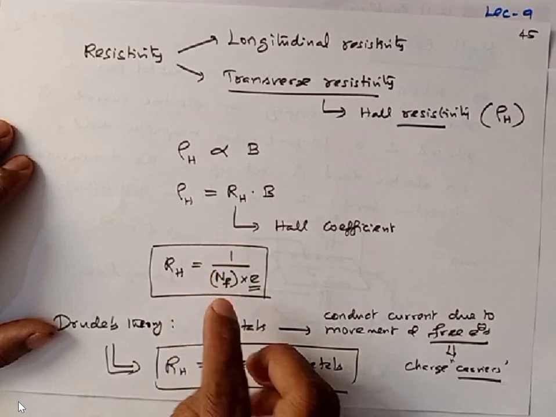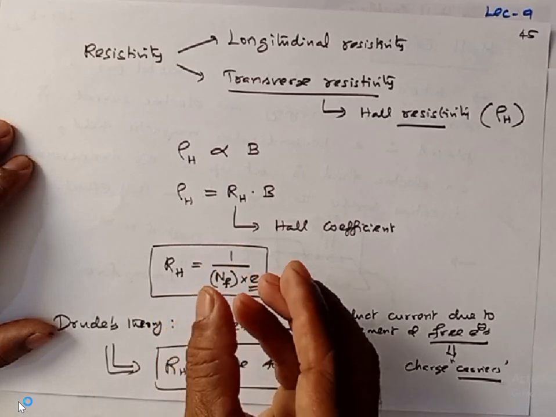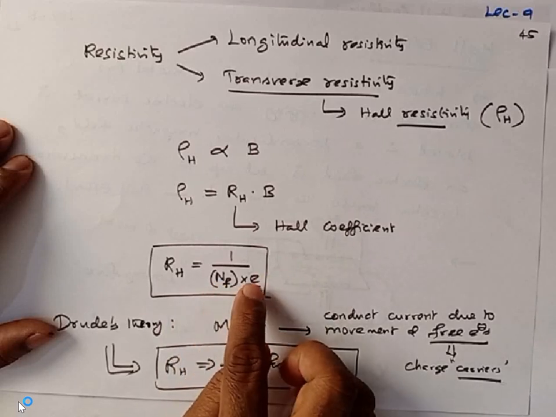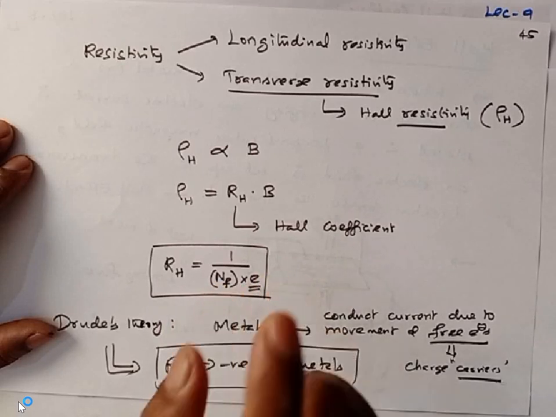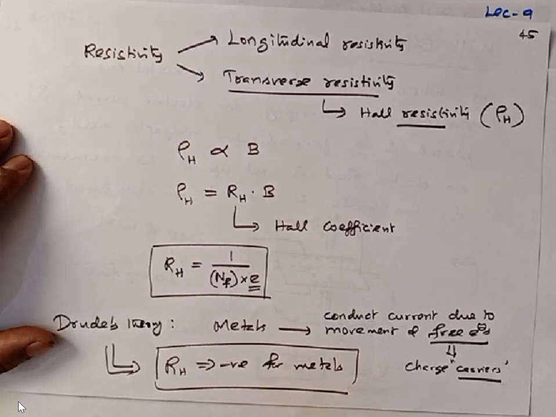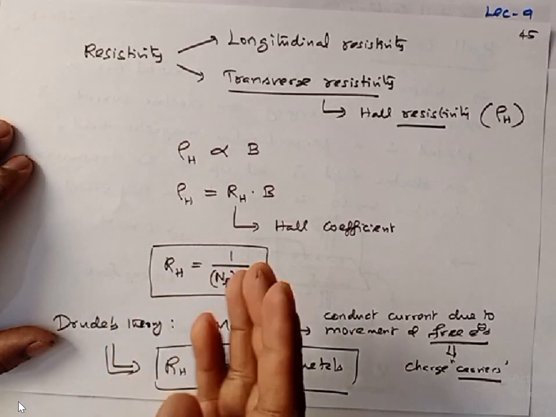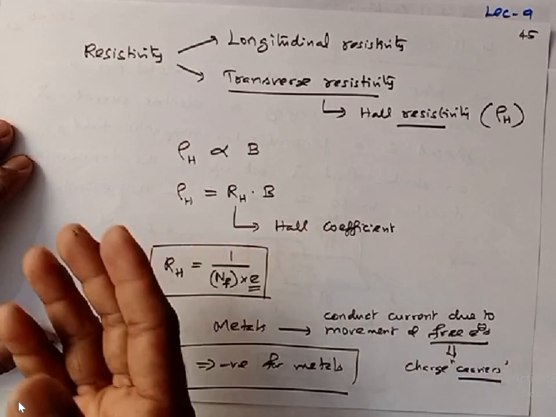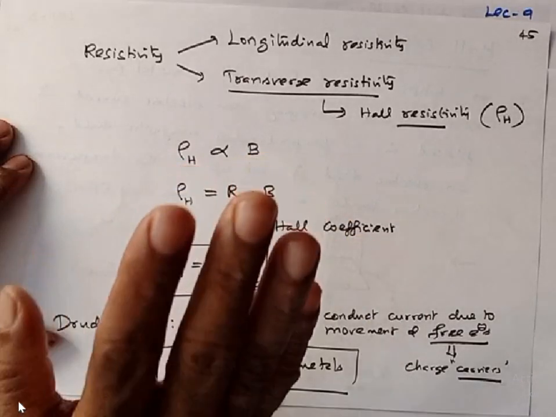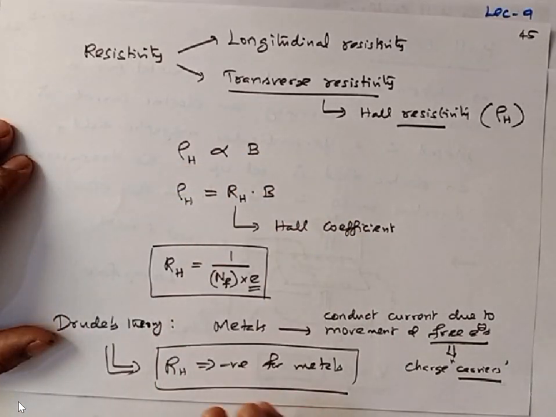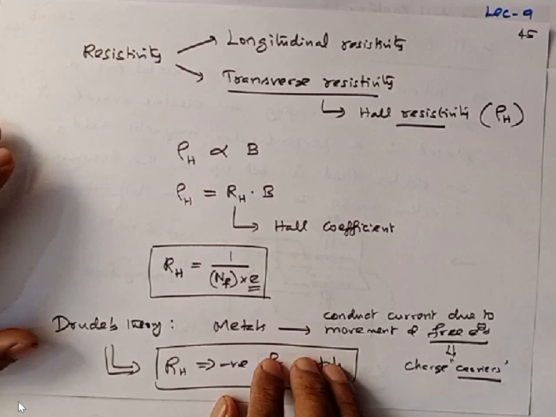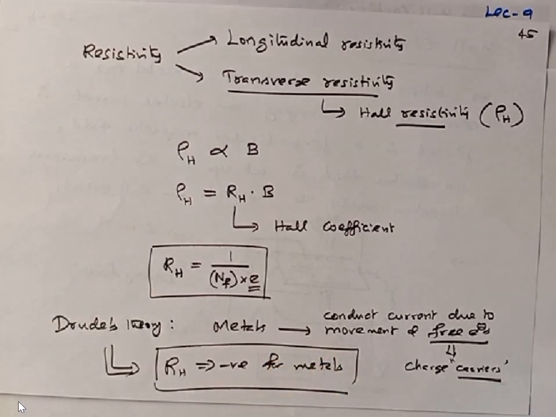Here N is nothing but number of charge carriers per unit volume, and E is the charge of the charge carrier. See why I am using the word charge carrier? Because in metals, we know very well, free electrons are charge carriers in general. Whereas in the case of semiconductors, the charge carrier may be excess of electrons or excess of holes.